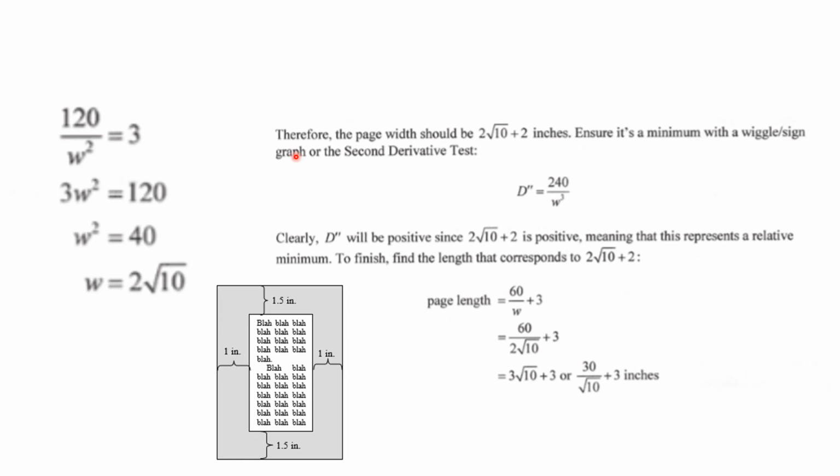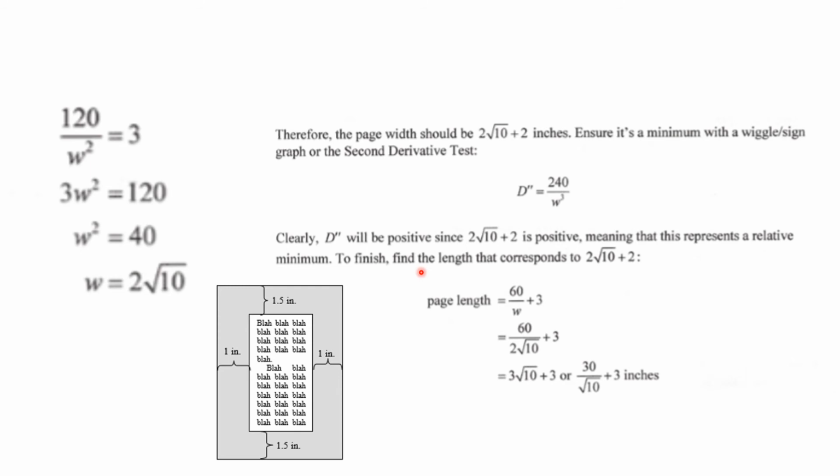Now, to ensure that it's a minimum, we could either use the first derivative test or the second derivative test. And note that the second derivative of this is going to be 240 over W cubed. And since our value is positive, that means that that will also be positive. So this is going to be a relative minimum because it's a positive second derivative.